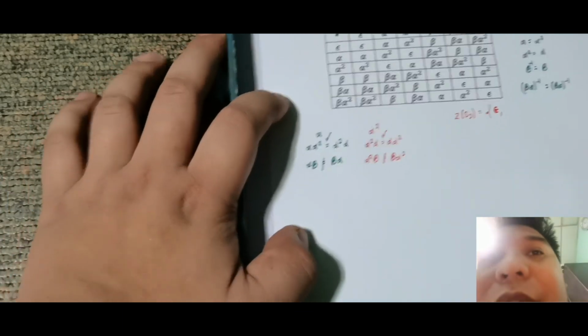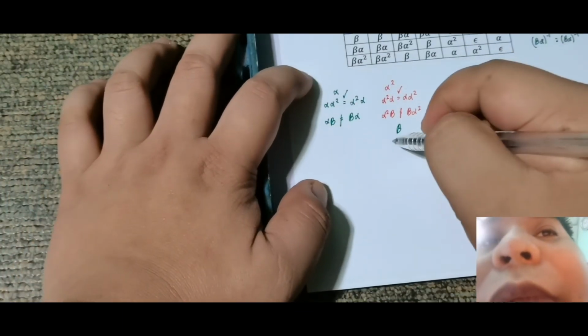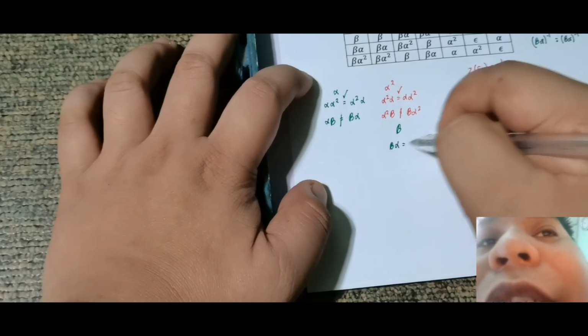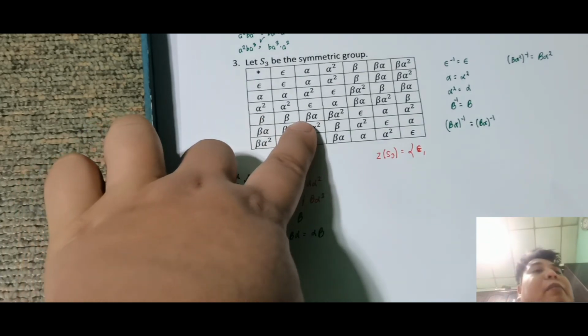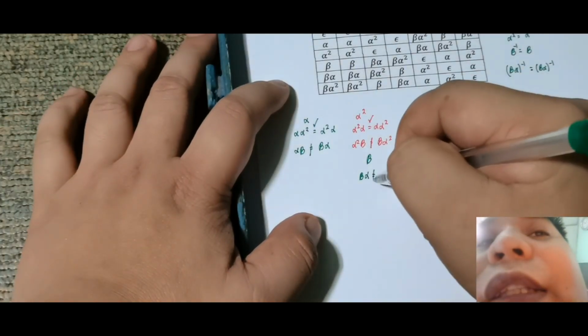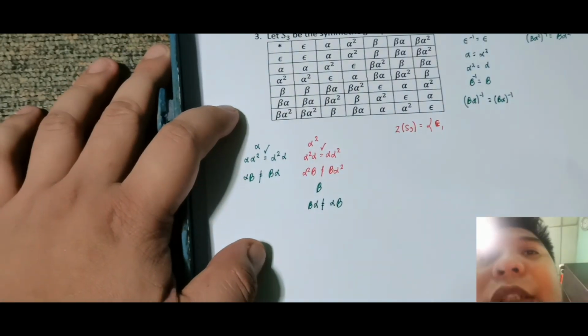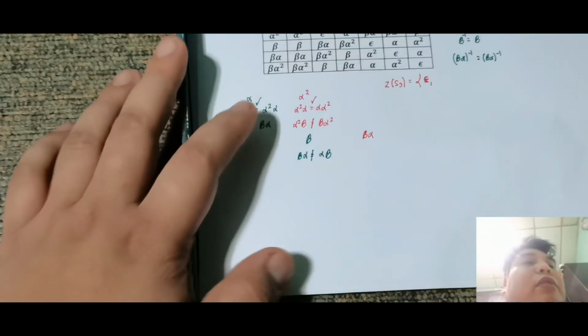Okay, proceed tayo kay beta. Beta alpha is equal to alpha beta? Check natin. Beta times alpha is beta alpha. Tama? Alpha times beta is beta alpha squared, which is not equal agad. Next is kunin natin si beta alpha. Medyo mabilis din naman.